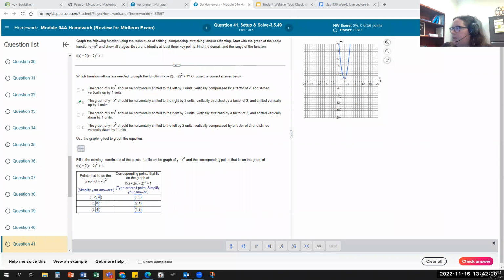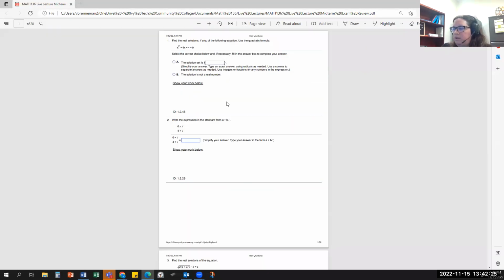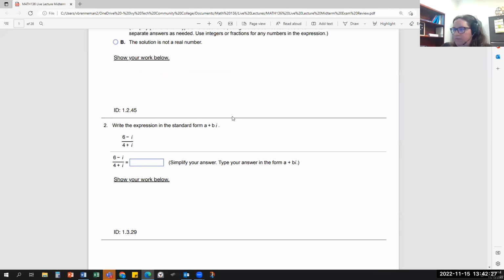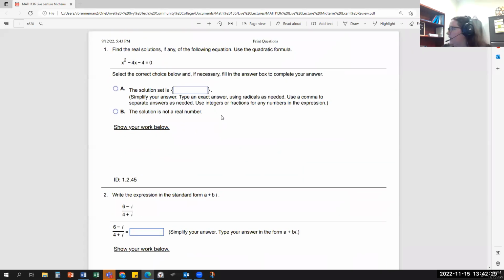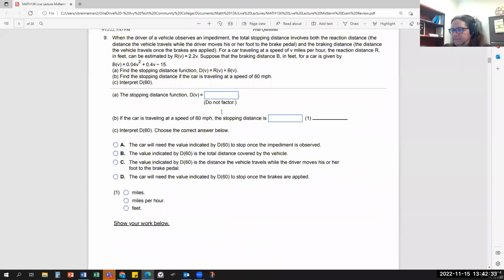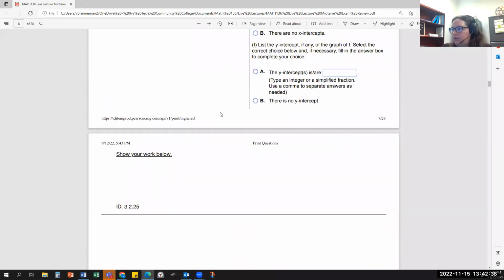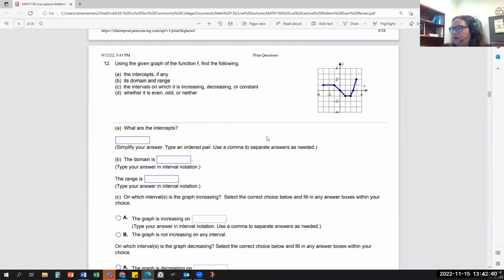All right, going then to the actual review, the PDF review that you got. We're looking at number 12 to start with. Okay, so number 12, we have this graph and we're looking for the intercepts, domain and range, intervals where it's increasing, decreasing, or constant, and whether it's even, odd, or neither.